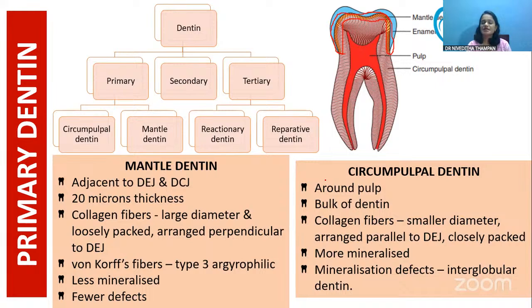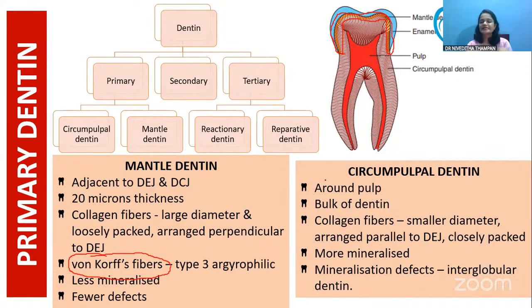The collagen fibers seen in this mantle dentin are type 3 collagen fibers, and they are called Von Korff fibers. Remember the name? Von Korff fibers. These Von Korff fibers are argyrophilic in nature. What do you mean by argyrophilic?